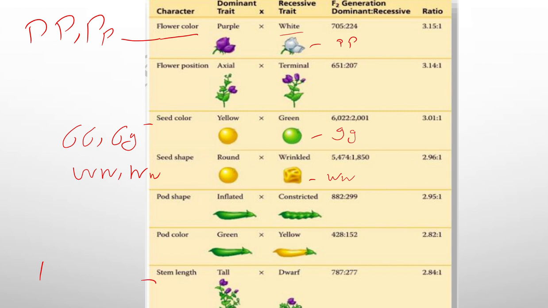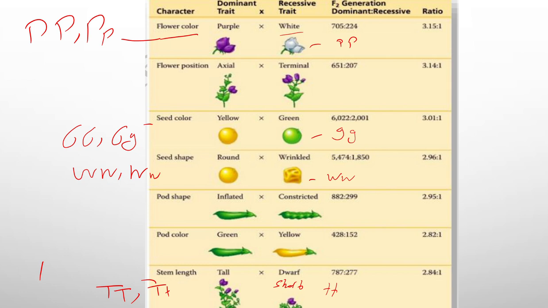The last example we focus on is the stem length. We just saw it in the question. For the tall one, we use T capital, T capital, or T capital, T small. The dwarf one means short, which is the recessive, so we are going to use T small, T small.